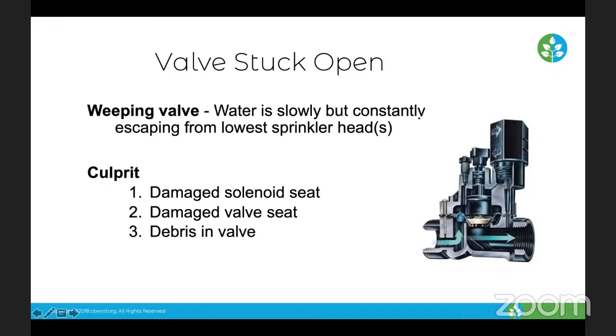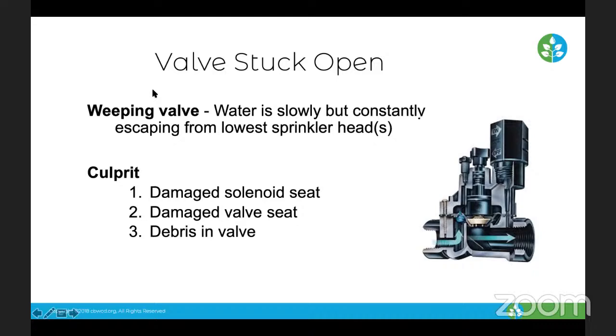So that's if a valve is stuck open. Now what about if it's weeping? A weeping valve is just slowly but consistently escaping water from the lowest sprinkler head, typically on the line, because again, water is always going to go from high potential to low potential.